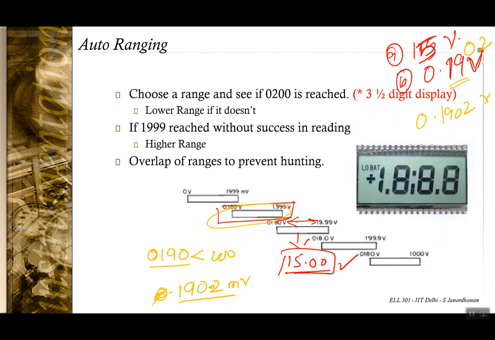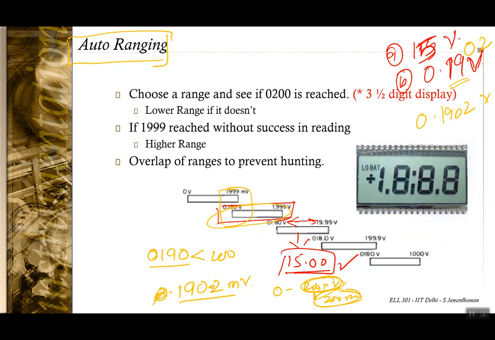So what is happening here is that due to the auto ranging circuitry or auto ranging logic, you end up using the best range for the display. And because of this overlap, it is possible to avoid hunting. If I go from 0 to say 200 millivolt and the next range starts from 200 millivolts, then if the voltage is very close to this limit, there will be a difficulty in choosing whichever is the range.